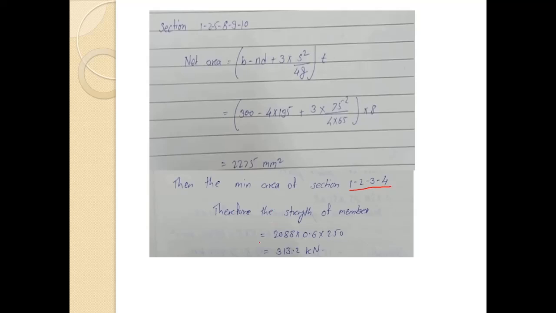So therefore strength of the member is the minimum area of all these, that is area of cross section, that is 288 into 0.6 into 250. So that becomes 313.2. So same way we are getting the strength of that particular member at that joint.